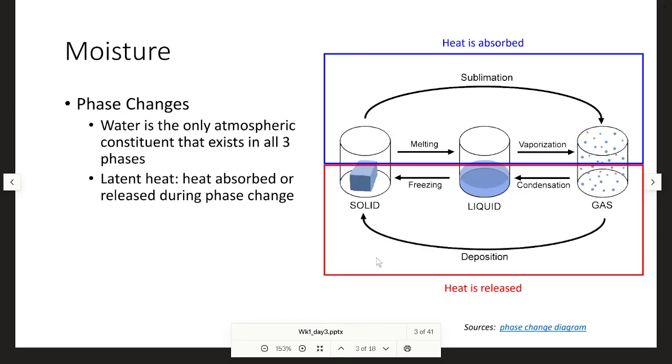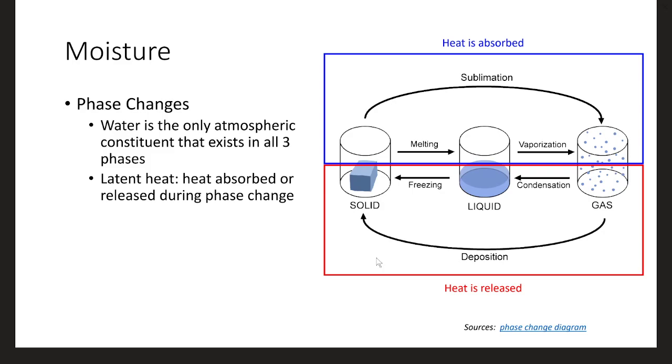Okay, phase changes. This is fun. Water is the only atmospheric constituent that exists in all three phases. Water is amazing, it's awesome, and it uses heat to change states. So, latent heat is not a temperature change.